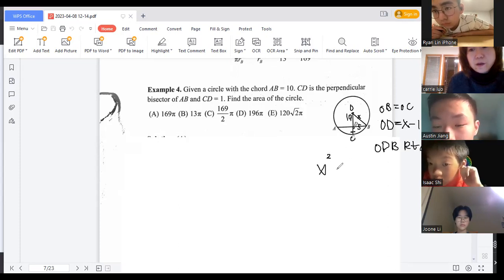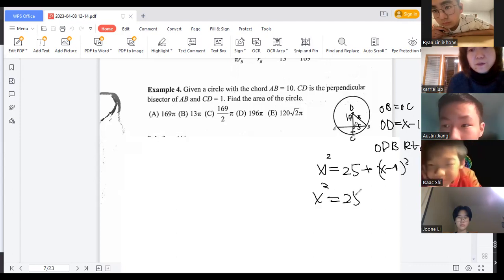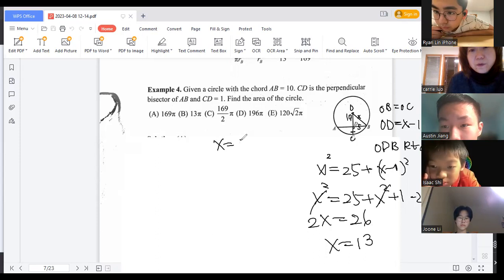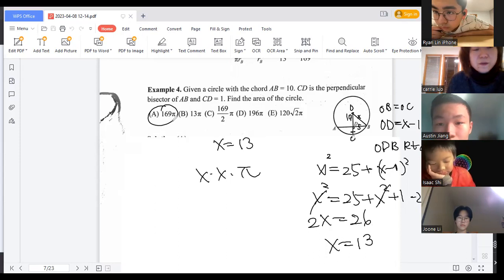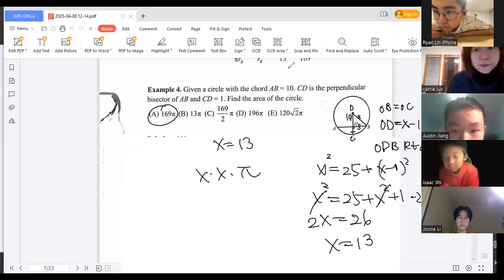So that's why X squared equals 25 plus X minus 1 squared. Correct? So X squared equals 25 plus X squared plus 1 minus 2X. So X and X squared are gone. So 2X equals 26. So X equals 13. So the area will be X squared times pi. Get it, everybody? Okay, so this question is pretty easy.